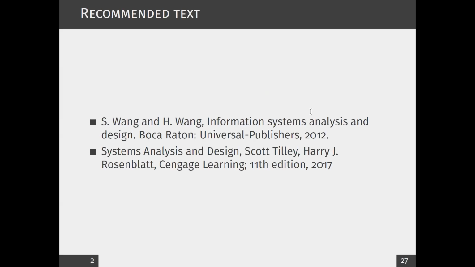For any module, I would like to prescribe some texts for those who want to know the material very well. So here are two books I would like to recommend for you to have a look at. This is a common module we used.